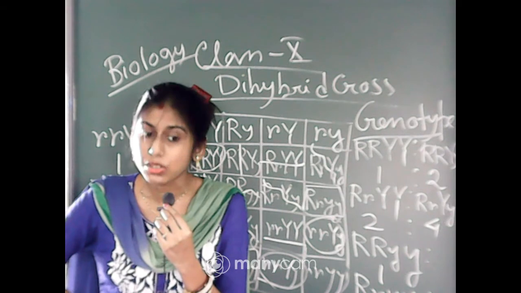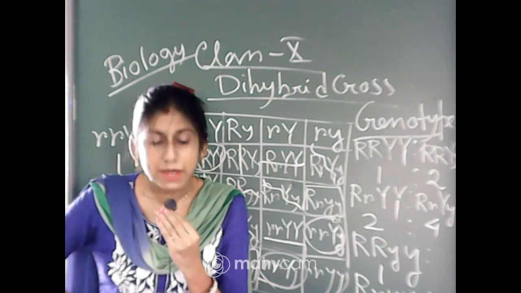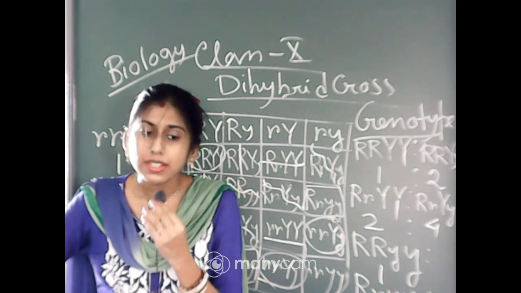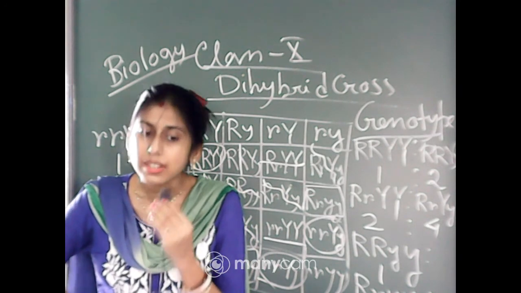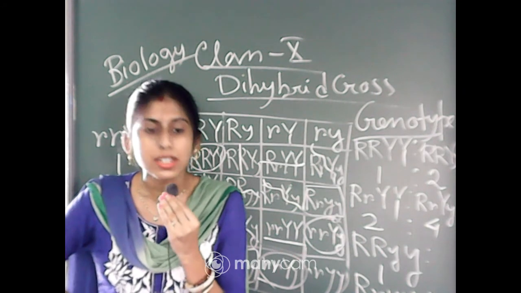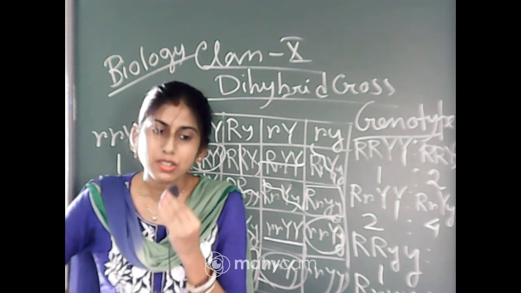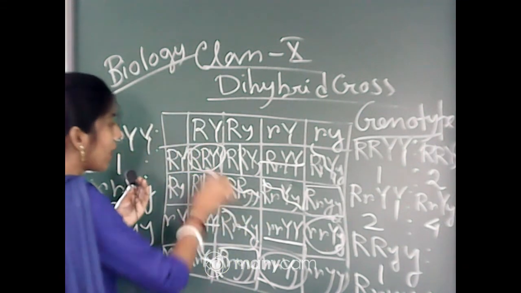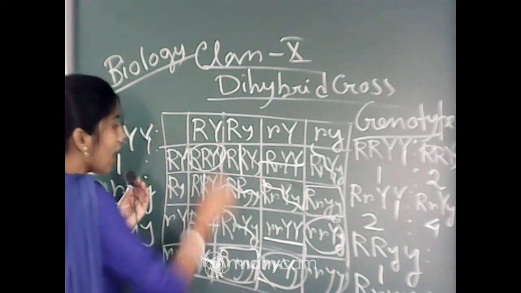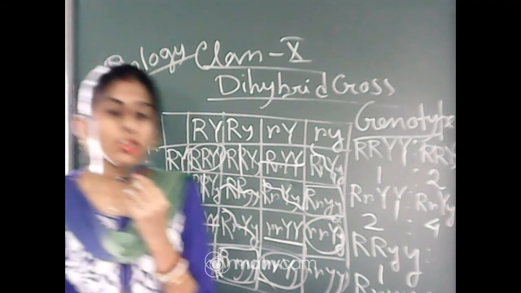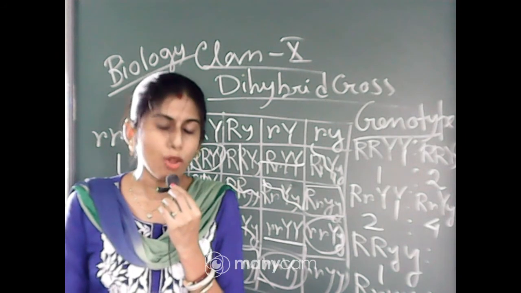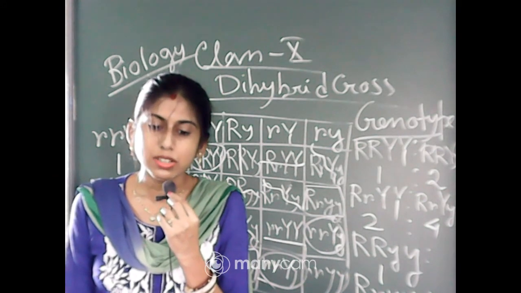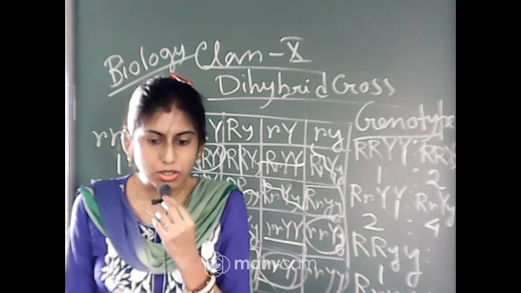So these are the phenotypes. And the genes which are present inside the body of any plant or living organism are called the genetic constituents. When we consider the genetic constituents, it is called genotype. Genotype is defined by alphabets. For dominant we write a capital letter, and for recessive we write a small letter. Clear on it now?